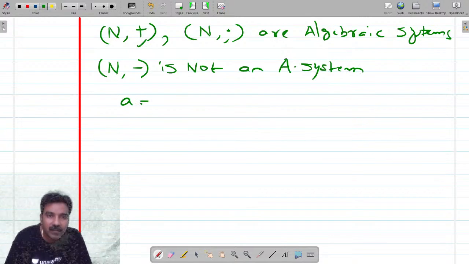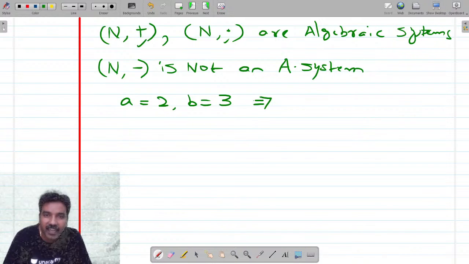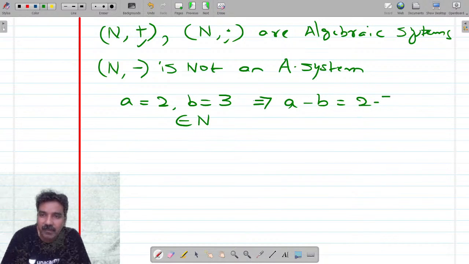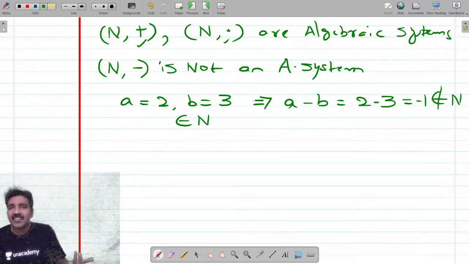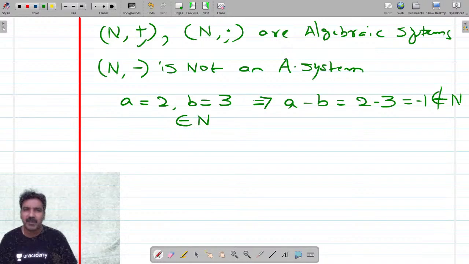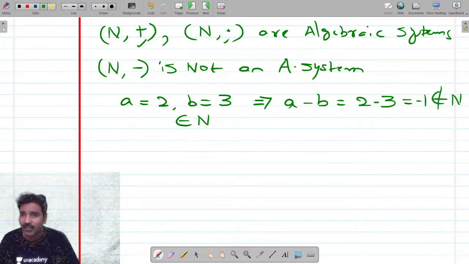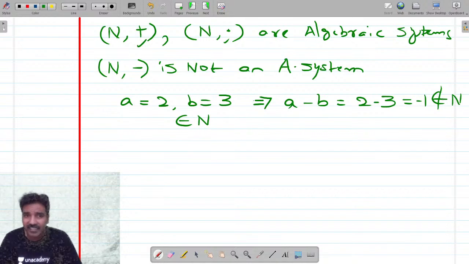Because if a equal to 2, b equal to 3, both are natural numbers, what is my star here? Minus. A minus b equal to 2 minus 3. This is minus 1. It is not a natural number. So based on this reason, I can say that it is not an algebraic system. Multiple reasons will be there. You can take a equal to 2, b equal to 2. A minus b equal to 0. 0 is not a natural number. I think this point is clear.